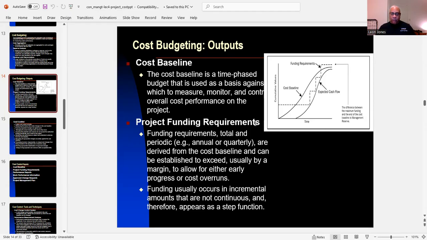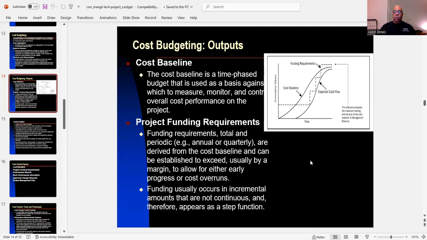Now, project funding requirements. Well, funding requirements, total and periodic, whether annual or quarterly, are derived from the cost baseline, and they can be established to exceed it, usually by a margin, to allow for either early progress or cost overruns.